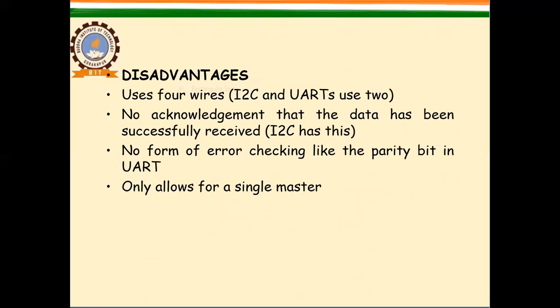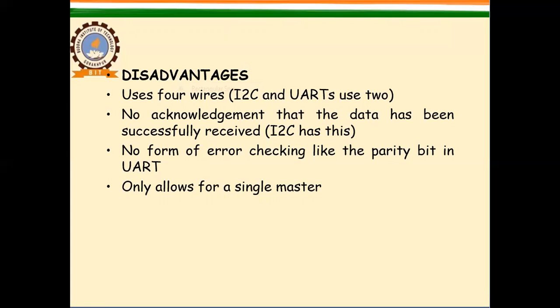Apart from the advantages, this protocol also has some disadvantages. Some of the disadvantages which we have discussed are that the physical structure is quite big in comparison to I2C or UART because it uses 4 wires.